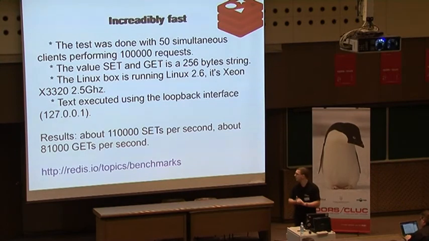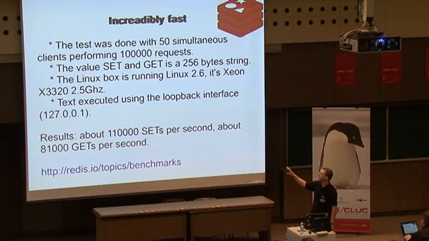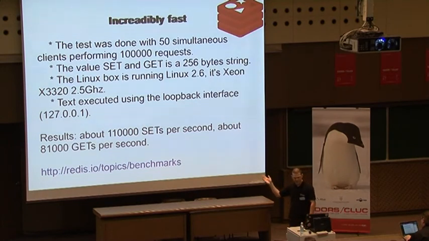About benchmarks, on Redis.io you can see the benchmarks, but what I got only from the site, just for you, is the final result: 110,000 sets per second. This is because you're doing this in memory. I have friends that have big databases, more than 100 gigabytes, and they're storing part of these databases directly in memory because they need the performance.